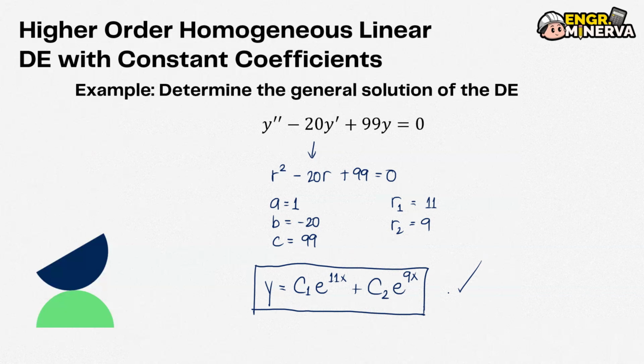Take note that the number of roots corresponds to the number of constants present. So if you have 2 roots, you also have 2 constants.